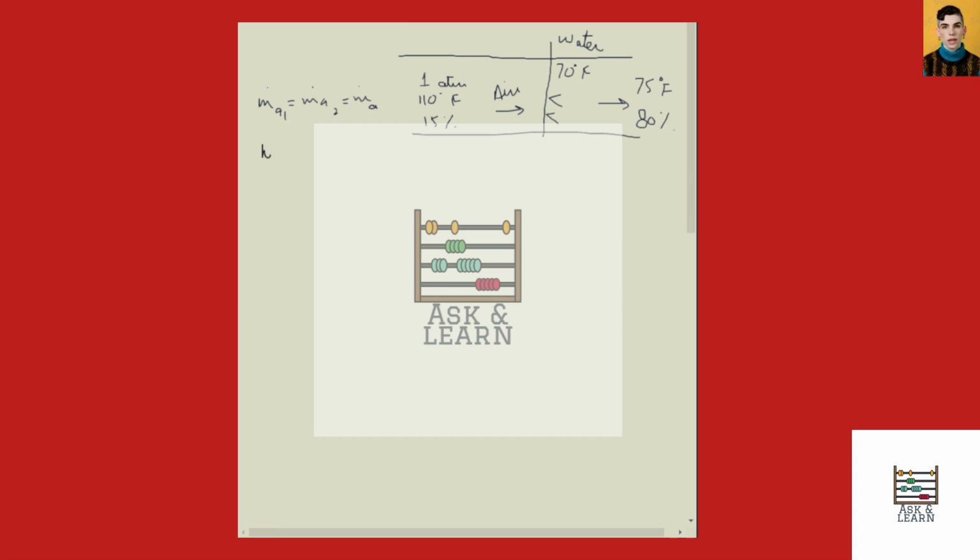So, we will write h1 as 35.6, which we will get from the psychrometric chart, Btu per pound mass of dry air, and specific humidity is equal to 0.0082 pound mass of water divided by pound mass of dry air.